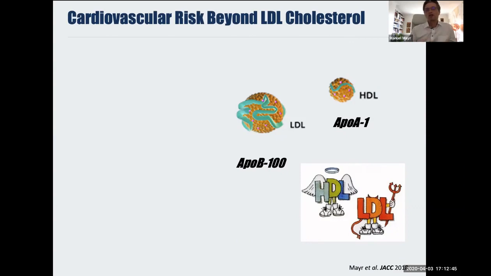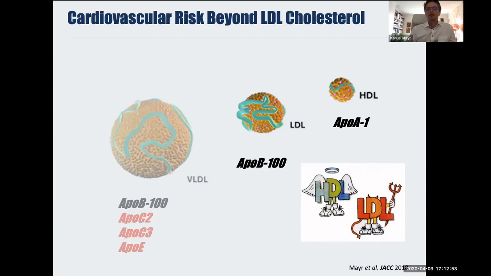LDL, the lipoprotein that carries cholesterol, predominantly has one apolipoprotein, ApoB 100, whereas the triglyceride-rich lipoproteins, such as VLDL, also carry ApoB 100, but in addition, they carry additional apolipoproteins. And in our analysis, ApoC2, ApoC3, and ApoE very nicely correlated with triglycerides, suggesting that in total plasma, their predominant association is with the triglyceride-rich lipoproteins.